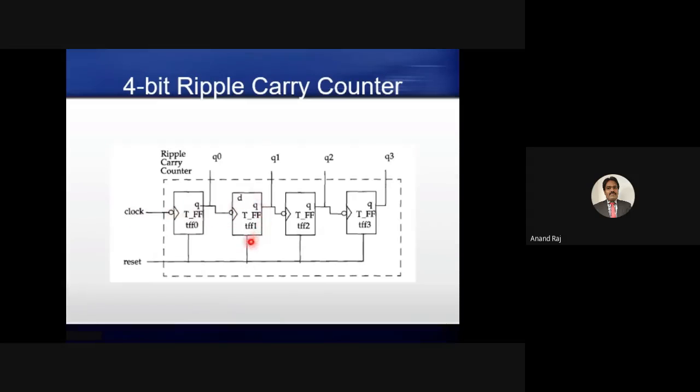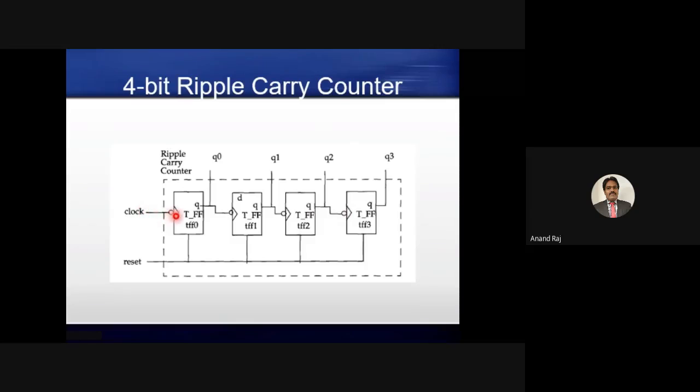The second flip-flop will get its clock from the output of the first flip-flop. The output of the second flip-flop is given as clock to the third flip-flop. The output of the third flip-flop is given as clock to the fourth flip-flop.